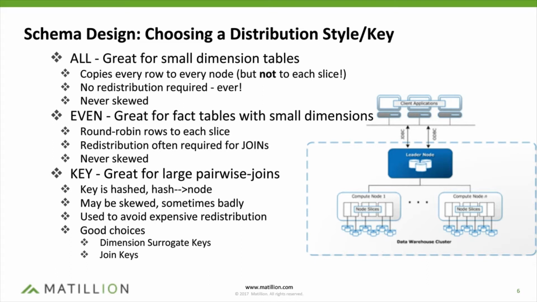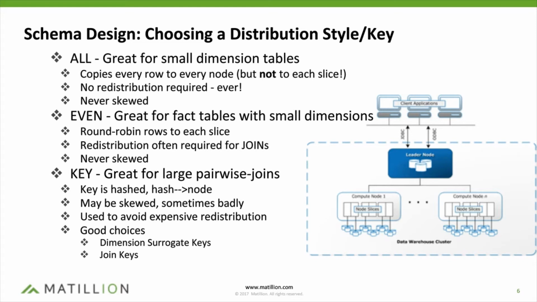You can run a single compute node, or you can run dozens of them. Within each compute node, they're further subdivided into slices, and your actual business data sits in the slices. In order to perform a query, all of that data gets fed through the leader node and back to the client application.